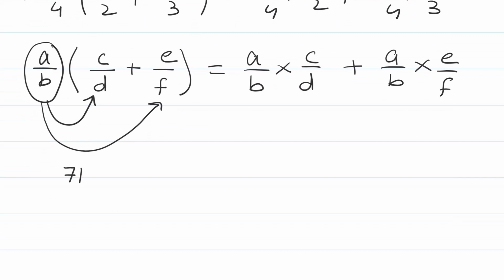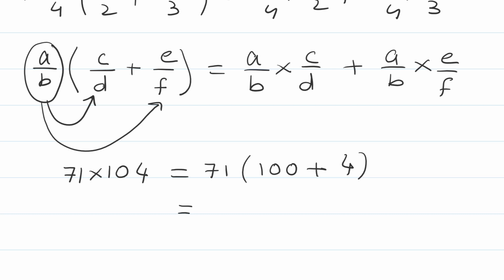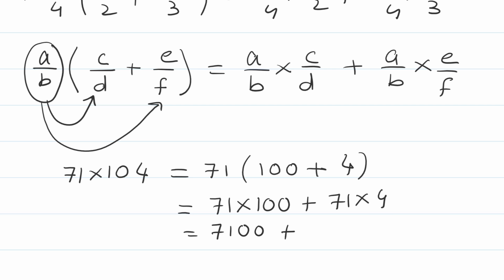So 71 into 104 is equivalent to 71 into bracket 100 plus 4, and then use the distributive property. 71 into 100 plus 71 into 4 and then add. 7100 plus 284.